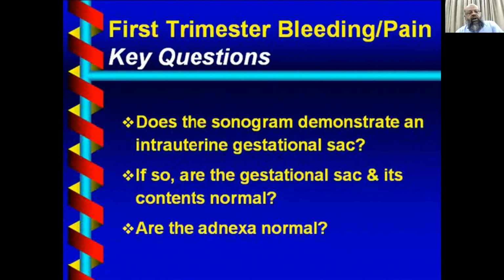And obviously, another important thing will be the cardiac flicker or cardiac activity, depending on the age of the gestational sac in the first trimester. The third thing we have to look for in the documented sonogram in the report is: are the adnexa normal or not? The ovaries are normal or not?